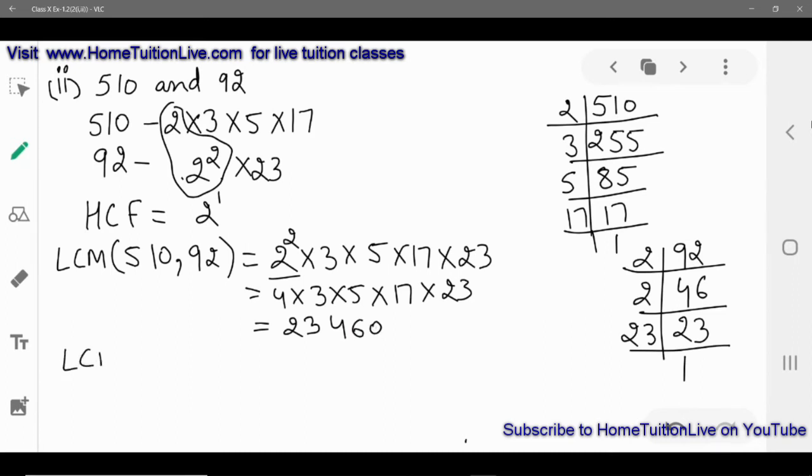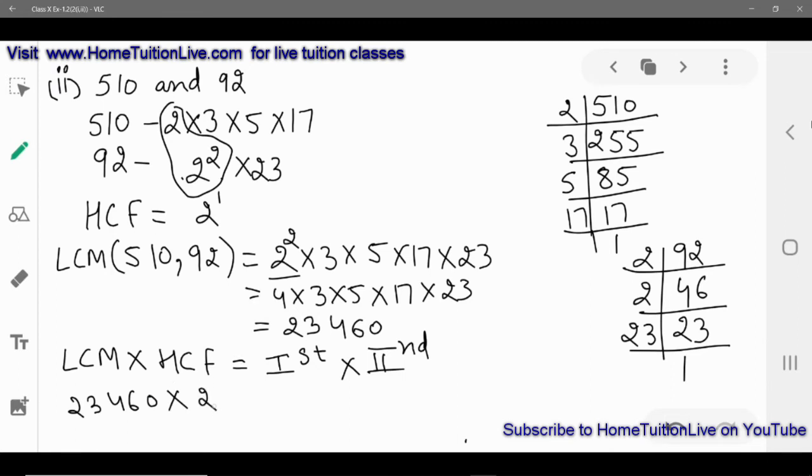LCM into HCF is equal to first number multiply second number. What is our LCM? 23460. What is our HCF? 2. Now the first number is 510, the second number is 92.